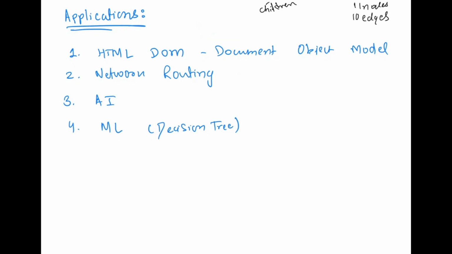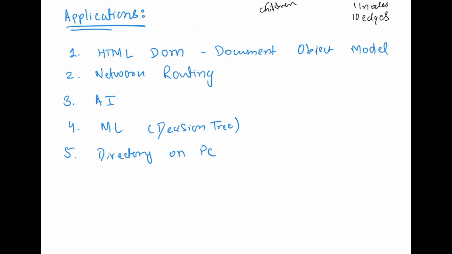Then we have the directory on a PC. On a PC, if you go on the terminal, there is a directory, and the directory is stored in the form of a tree. In fact, there are some third-party commands that very beautifully visualize the directory tree on the terminal itself. But whether you visualize it or not, the truth is that on the back end, the information is there in the form of a tree.